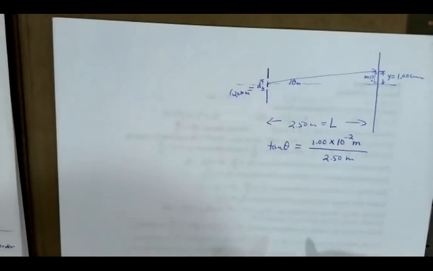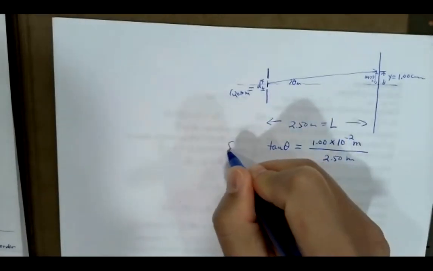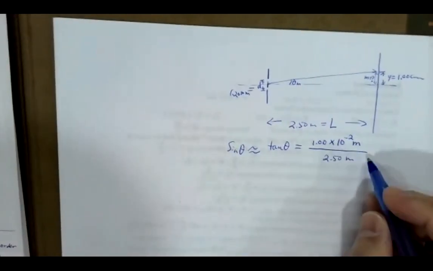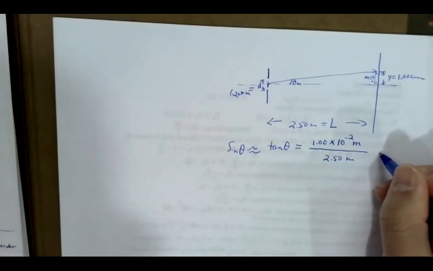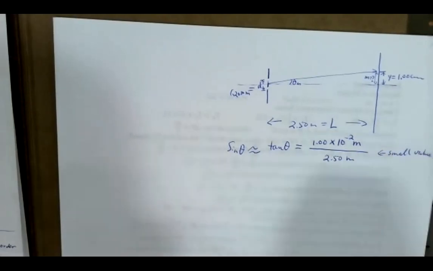So this will be a small number, which means you can use the small angle approximation for sine of theta. Sine theta is about equal to that, because this value is small.